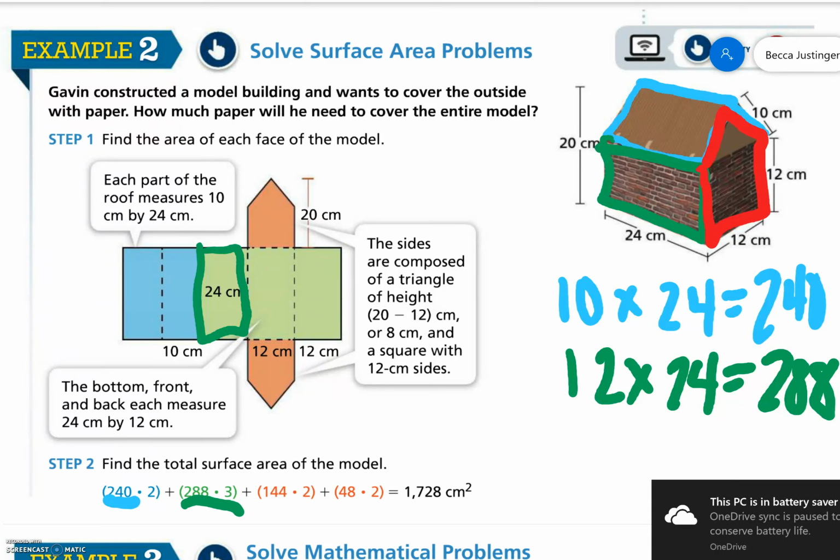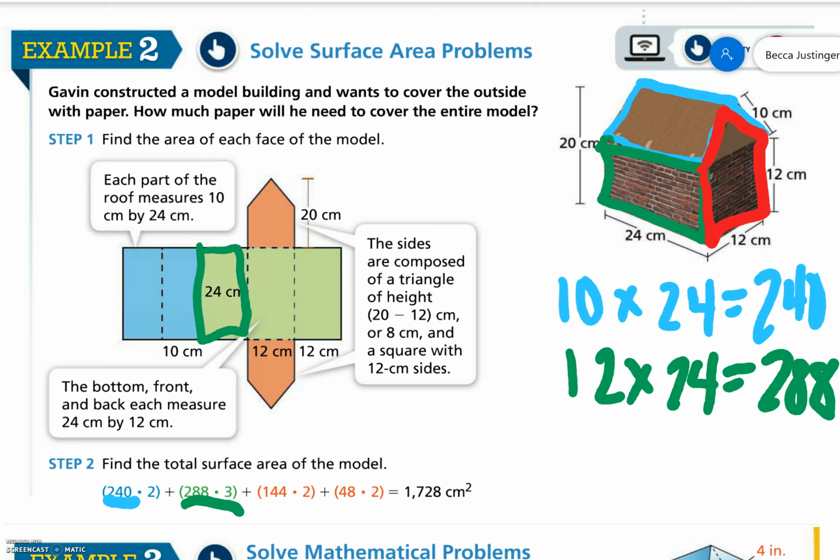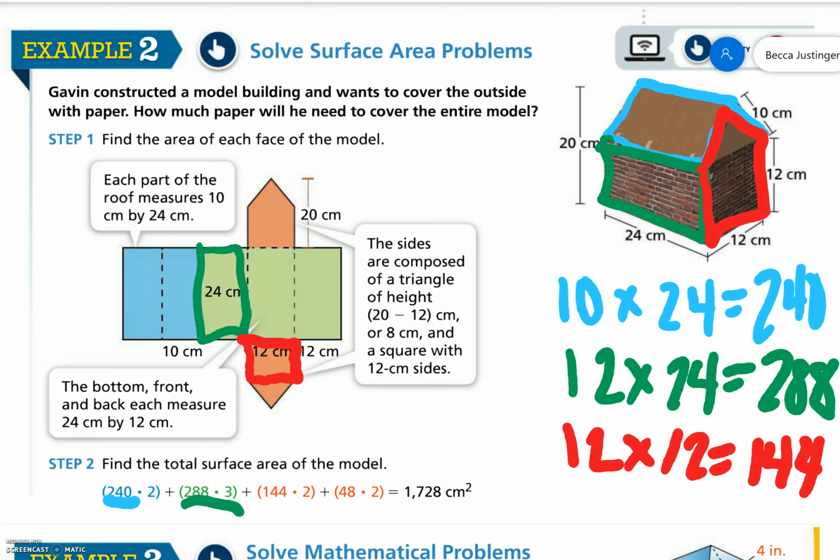Then the last step they did, they broke it off into a square and a triangle. The square is 12 by 12, which gave us 144 times 2 because there were 2 of them. And then the triangle, well, if the square was 12, this must mean this is 8.